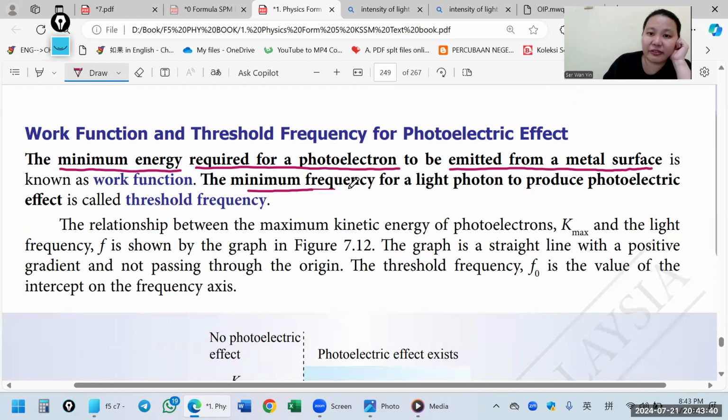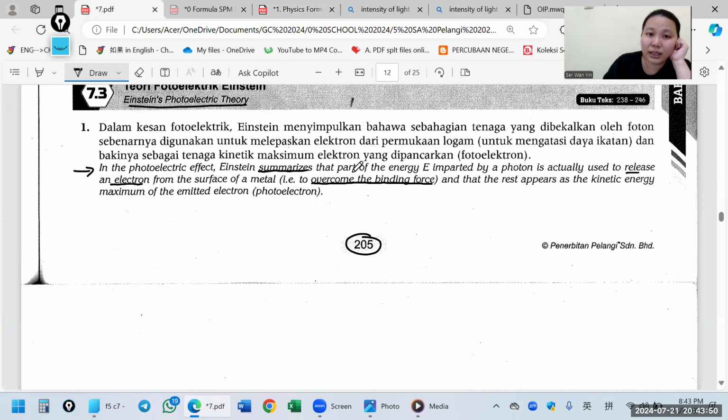The minimum frequency is called the threshold frequency. The textbook never says break the bond or overcome the bond; I think it's binding force. So the energy absorbed is used to release the electron, meaning to overcome the binding force, and the rest appears as maximum kinetic energy.